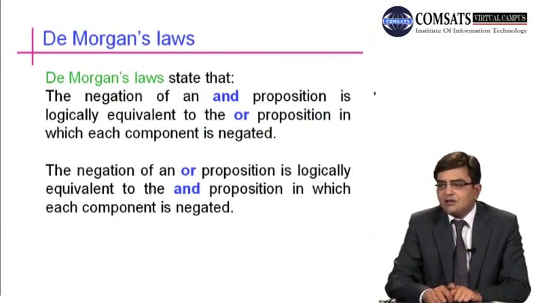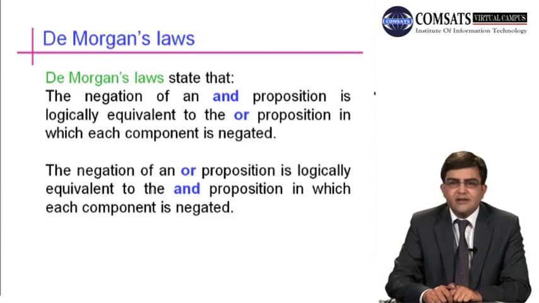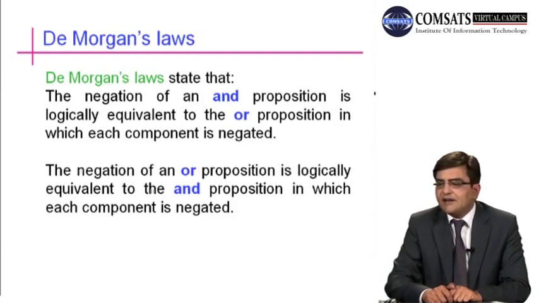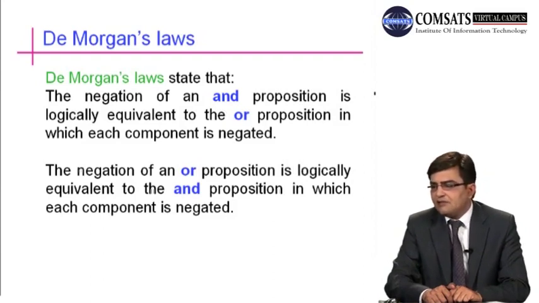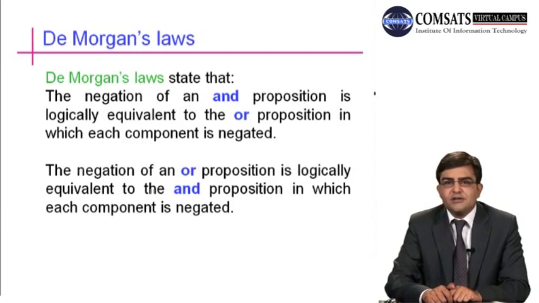The negation of an AND proposition is logically equivalent to the OR proposition in which each component is negated. And the other De Morgan's law states that the negation of an OR proposition is logically equivalent to the AND proposition in which each component is negated.